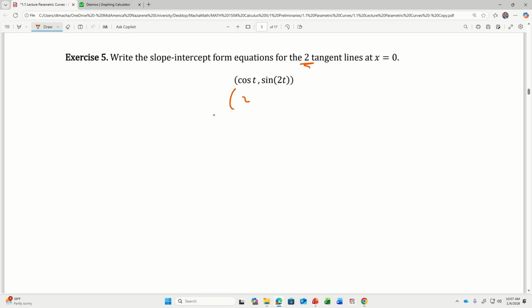Remember, this is giving me my x-coordinate, comma, my y-coordinate. So whenever I say that x is equal to 0, what we're saying is that cosine of t is equal to 0. What values of t make cosine of t equal to 0?